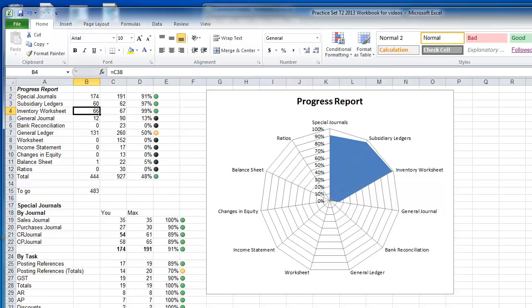General journal, still a fair bit to go, haven't started bank rec, a lot of stuff happening in the general ledger. And I guess you can see the general ledger does have a lot of stuff in it. So that's why we're taking a bit of time now. So we're doing postings to the general ledger. Righto, bye, and it's good to see this part of the graph is filling up too.